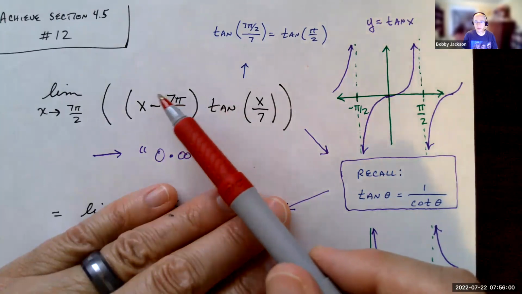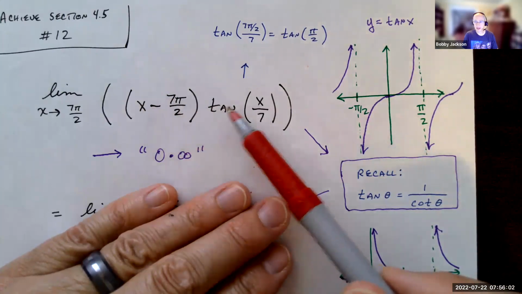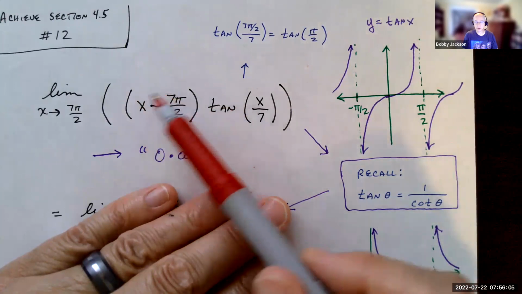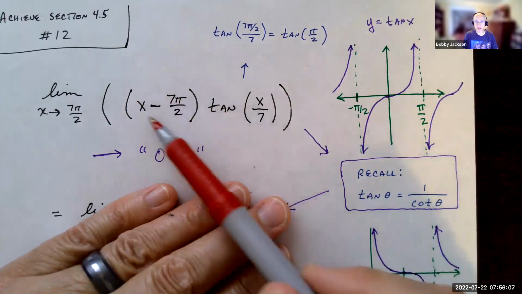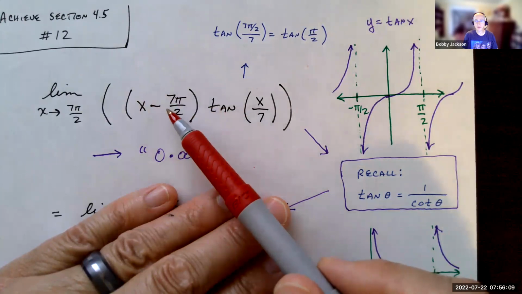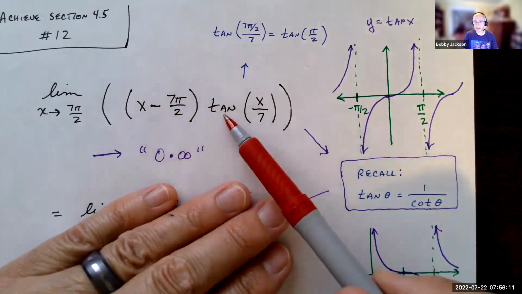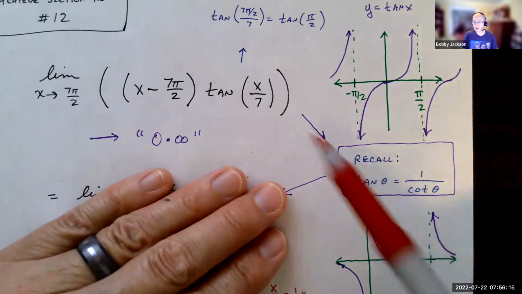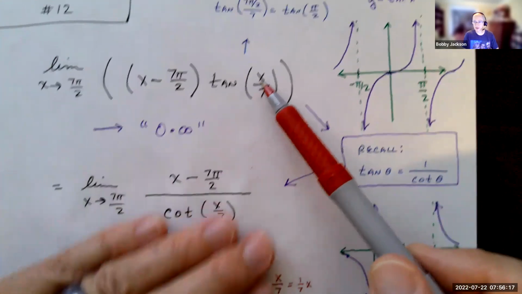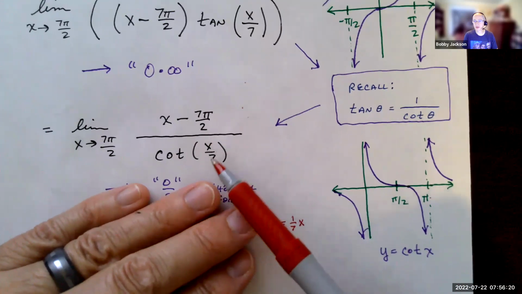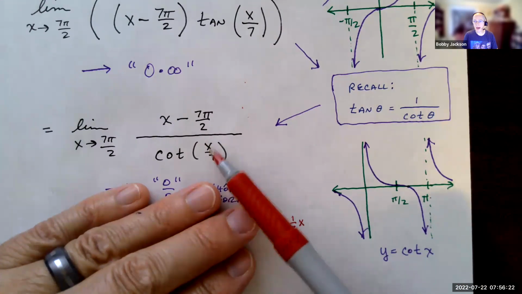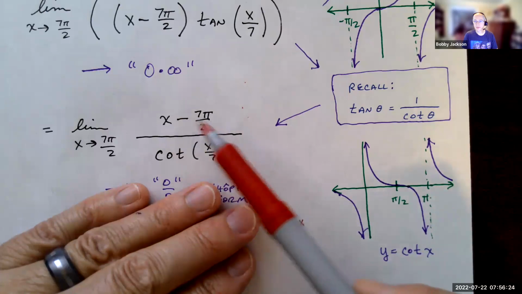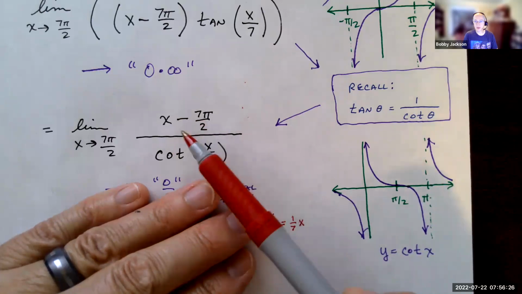I could do that by dividing the tangent function by the reciprocal of this function, but another way is to just realize that tangent of θ is 1 over cotangent θ. So I can just rewrite tangent of x/7 as 1 over cotangent of x/7. And now this is going to be in L'Hopital's rule form.